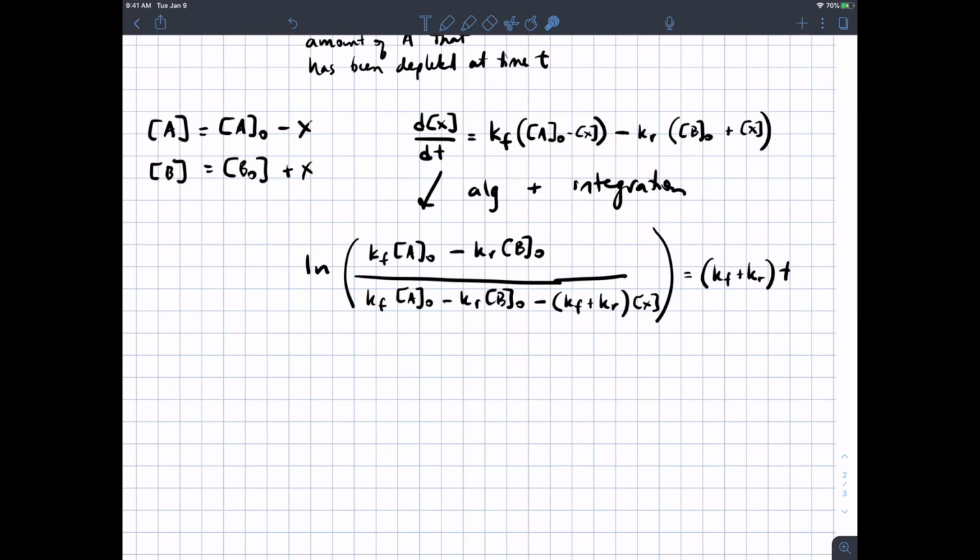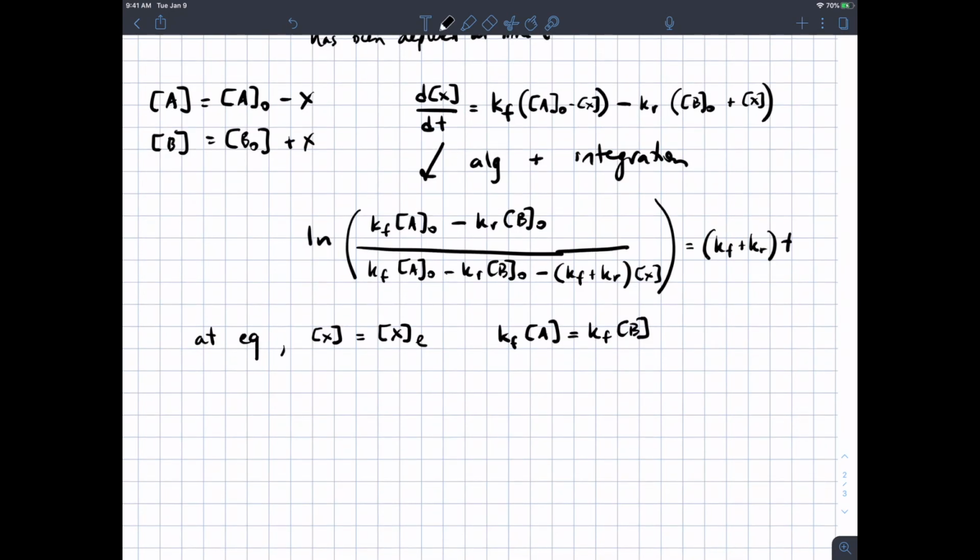We're going to say that at equilibrium, a certain amount of X will have converted and it will stop changing, and we're going to call that the equilibrium value for the extent of the reaction. All right? We also know that at equilibrium, the forward and the reverse rates are equal.